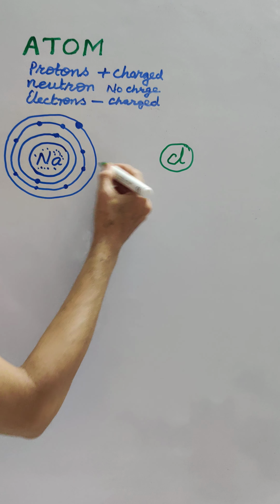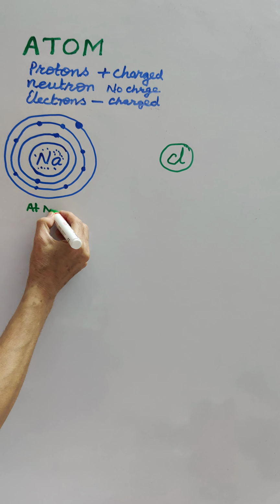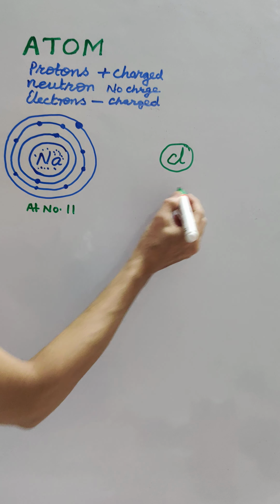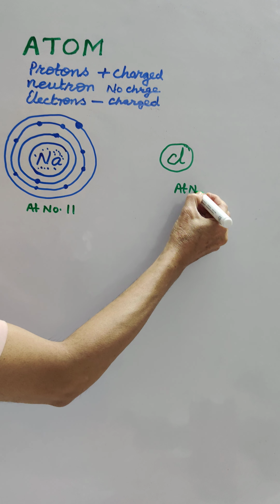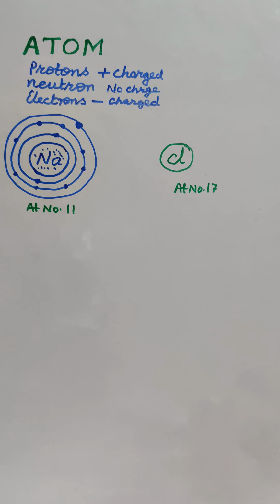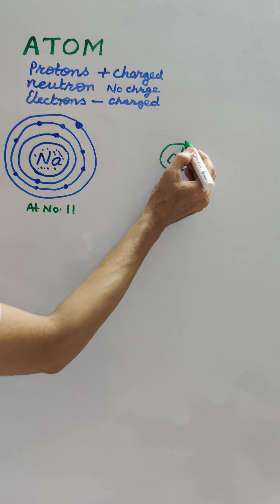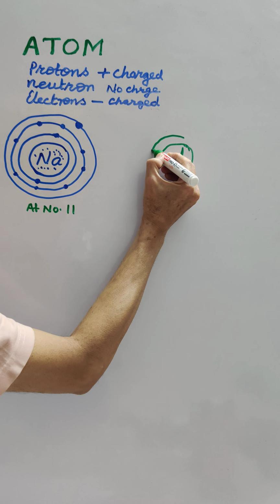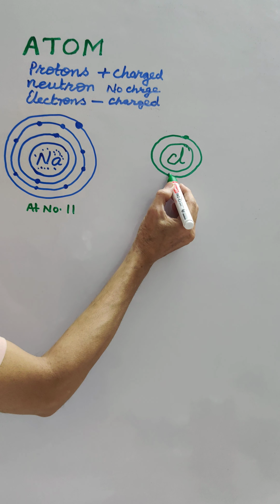The atomic number of sodium is 11, and the atomic number of chlorine is 17. So that means there are 17 electrons in chlorine. In the first orbit there will be 2 electrons according to the rule.